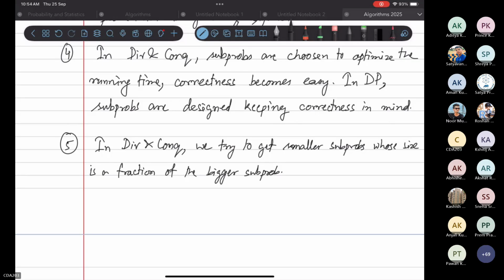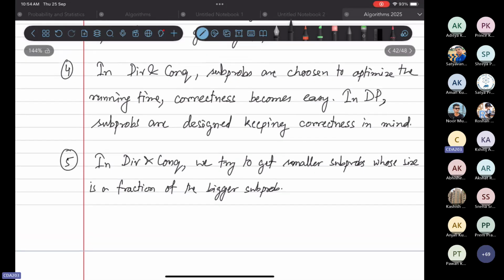Yes. So, the divide and conquer approach. As I said in the previous point, our goal is to optimize the running time, right? And we have already discussed, while discussing the running time analysis of divide and conquer approaches, that the running time will be less if our subproblems are a fraction smaller than the original problem.